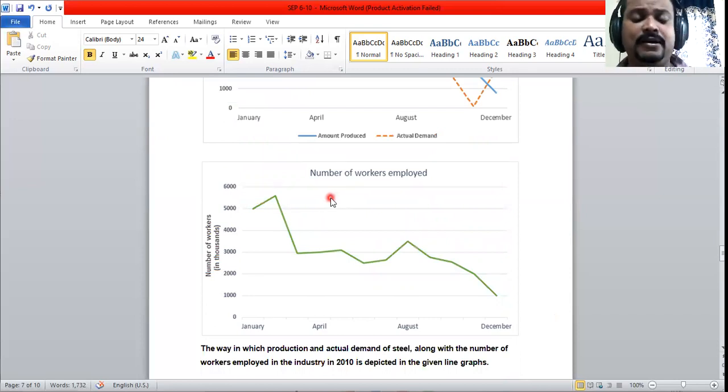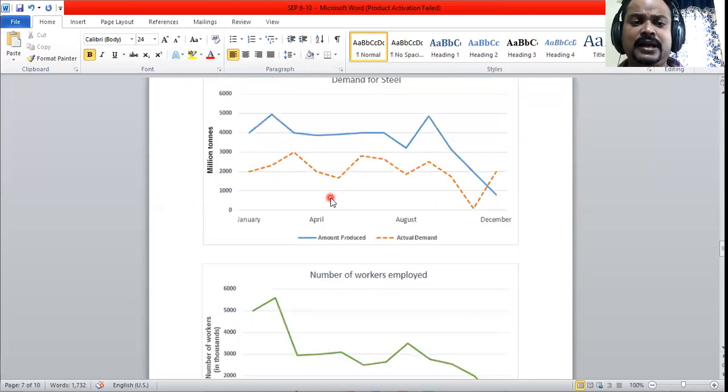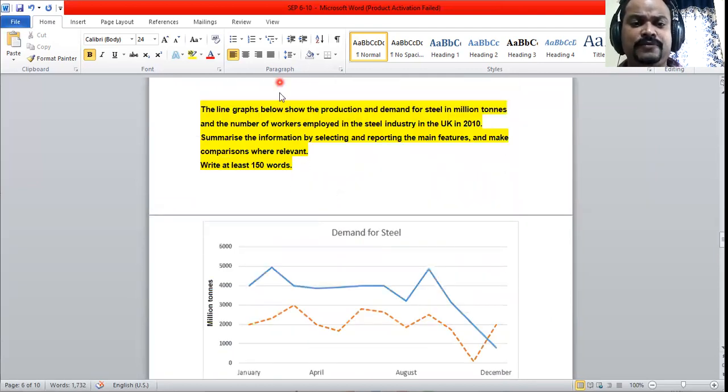So we have a lot of things to explain. We need to select and report the main features and make comparisons, and that's the only option before us. We don't have to go with every minute piece of information. That is impossible. So let's go ahead with this task.